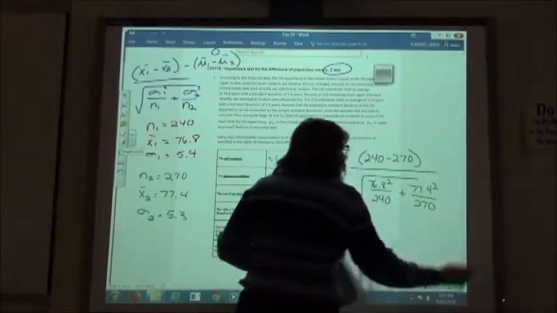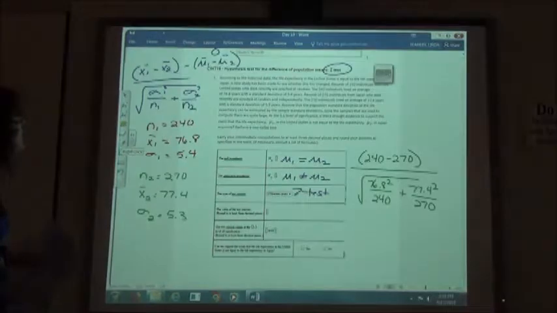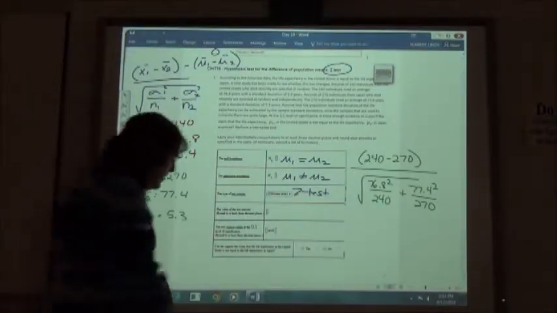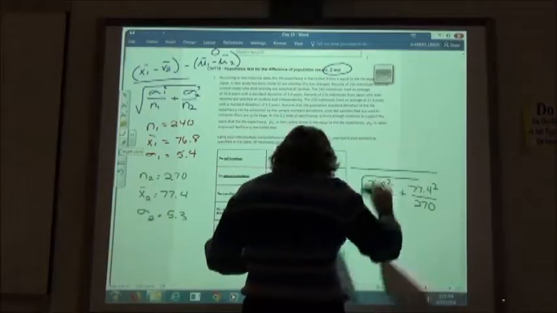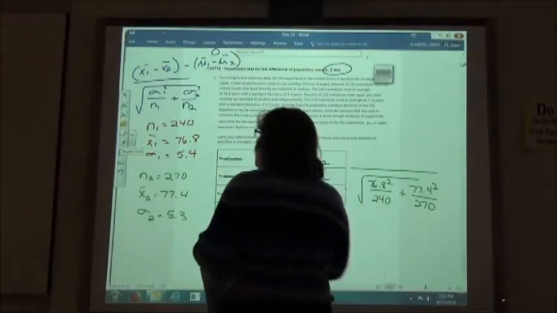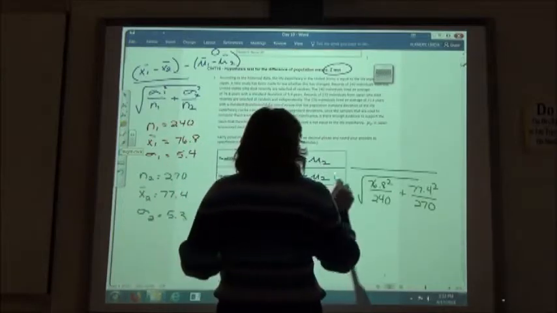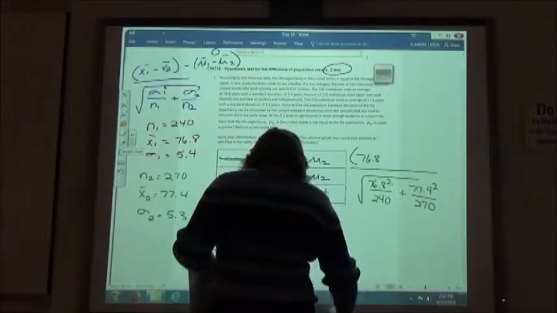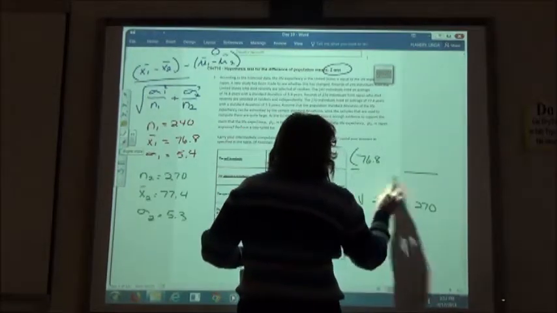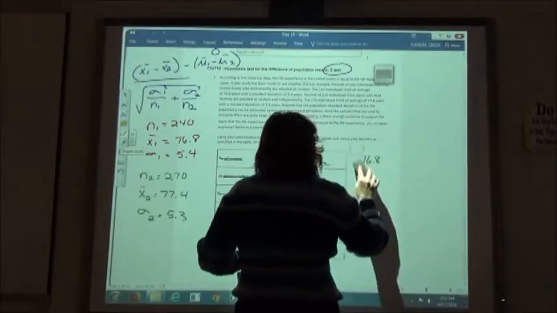Isn't the top part supposed to be the 76.8? I'm glad you're paying attention. I used the ends instead of the means. Okay, how about I use the mean? 76.8. Man, and then I didn't even use the standard deviation. Let me just start that all over.